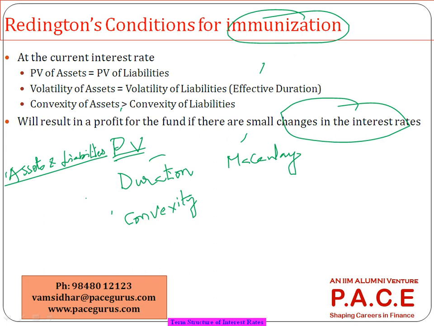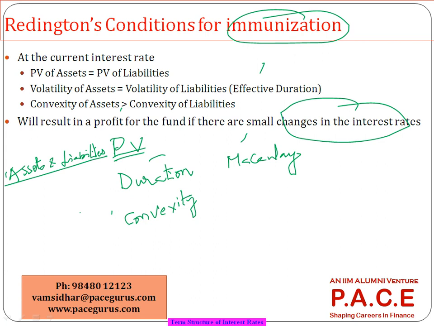Then the next layer, the durations of both assets as well as liabilities should be equal. Then you will not have any kind of risk associated. If the duration of the assets is matching with the duration of the liabilities, then also a change in an interest rate will not have major impact on the portfolio.